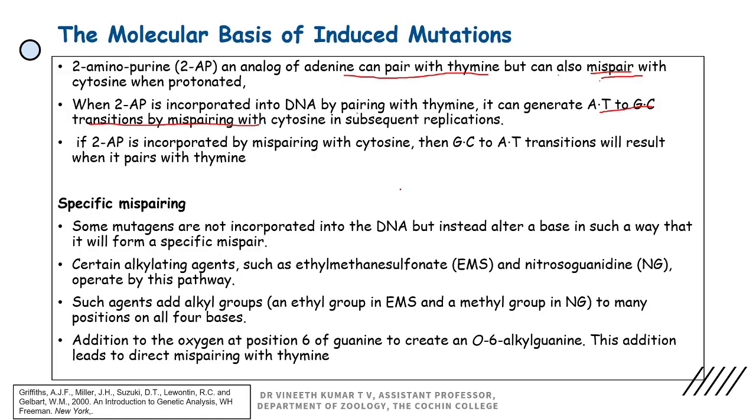And next, the agents are called alkylating agents, and they cause something which is called specific mispairing. So alkylating agents do not incorporate or substitute nitrogen bases. They are modifiers. They modify the existing normal nitrogen base.